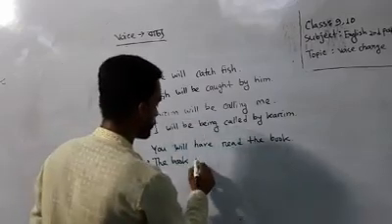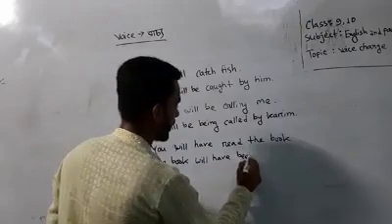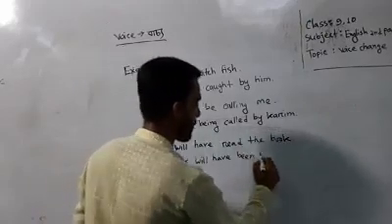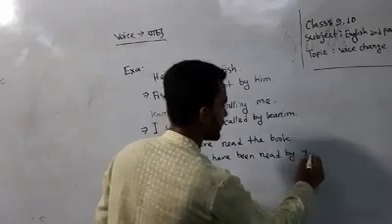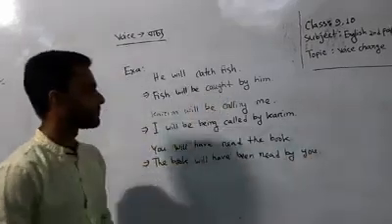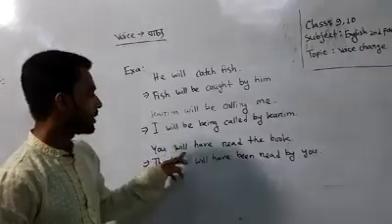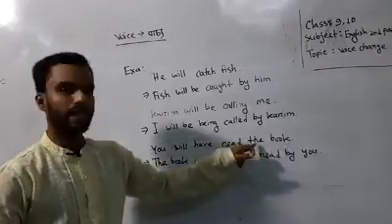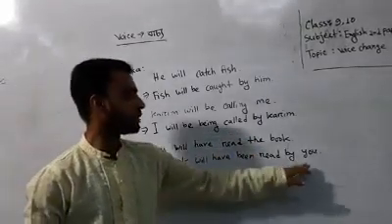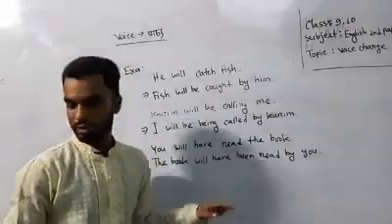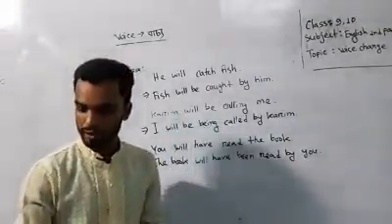The book will have been read by you. So, my dear students, you will have read the book. It is an active voice, and the book will have been read by you. It is a passive voice. So my dear students, I would like to give you some homework.